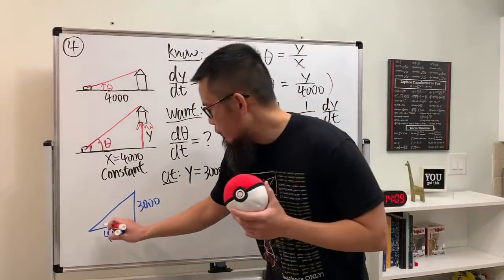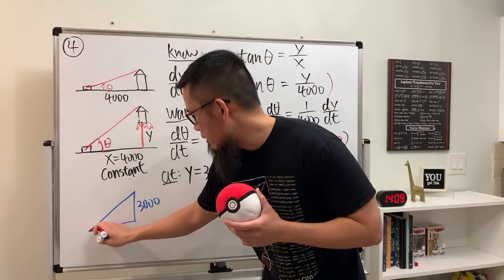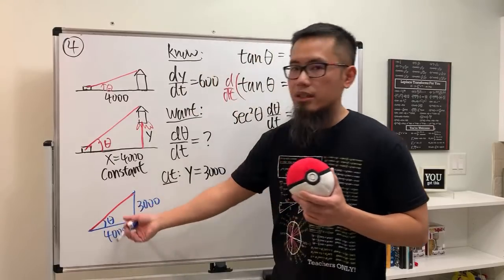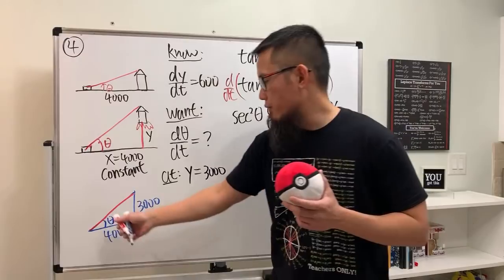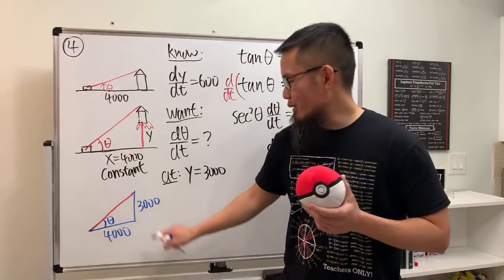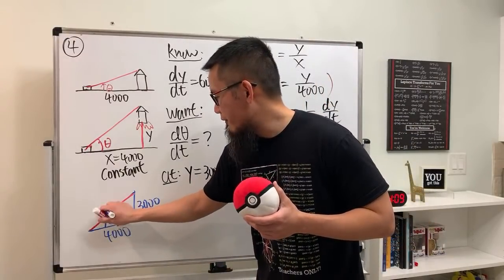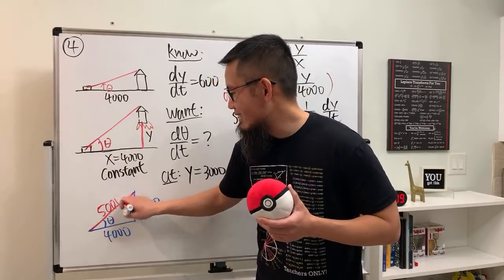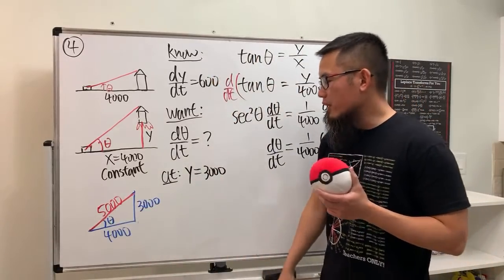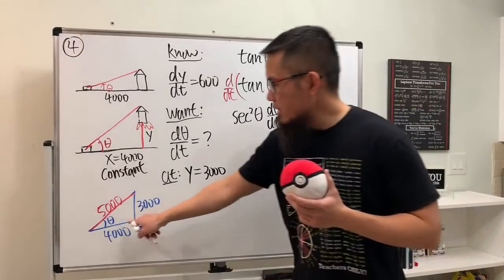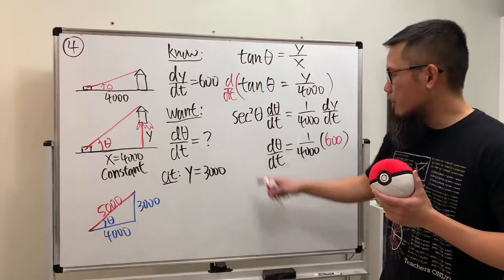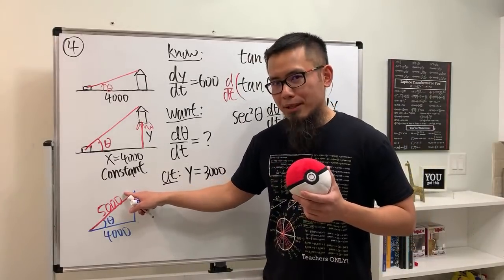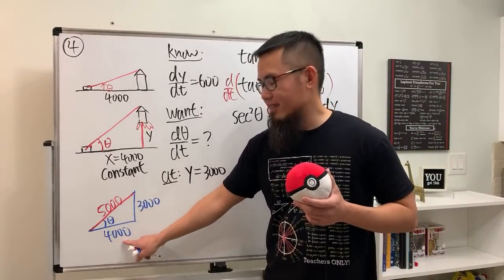Well, if we have this side, which is the hypotenuse, then we'll be able to figure out secant of that angle. So let's go ahead and figure this out. Of course, you know 3, 4, 5, but with 1,000, so that should be pretty clear. With this picture right here, we can figure out secant theta, which is hypotenuse over adjacent.